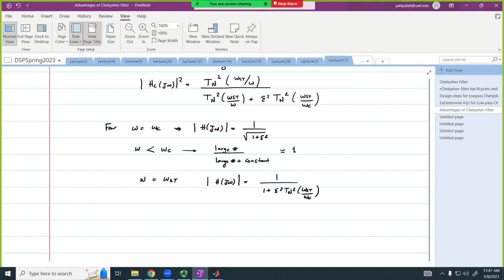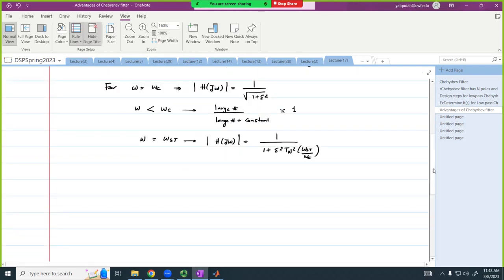Why is that the case? Because if I plug in omega stop here, it's going to be omega stop over omega stop. What is Tn of 1? It's equal to 1. So this is going to be 1, this is going to be 1, so 1 over 1 plus epsilon squared.